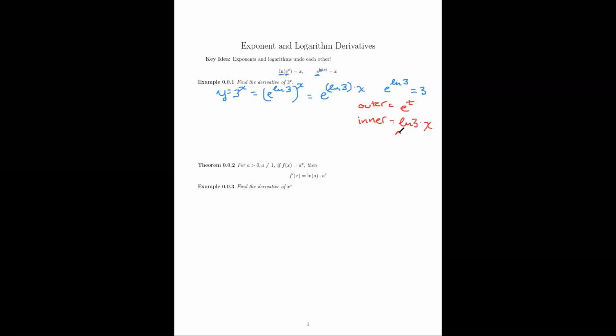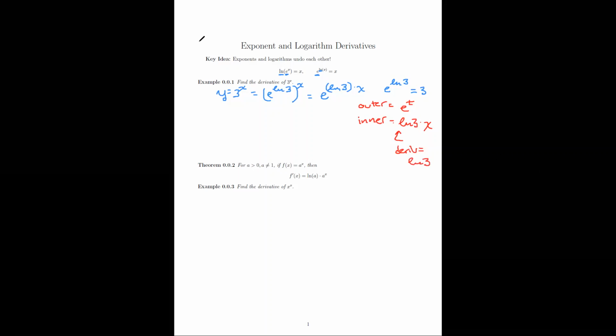What's the derivative of the natural log of 3 times x? Well, the natural log of 3 looks funky, but it's just a constant, right? So here we have x to the first power. If we take the derivative, we're just left with the coefficient. So the derivative of this is just the natural log of 3.